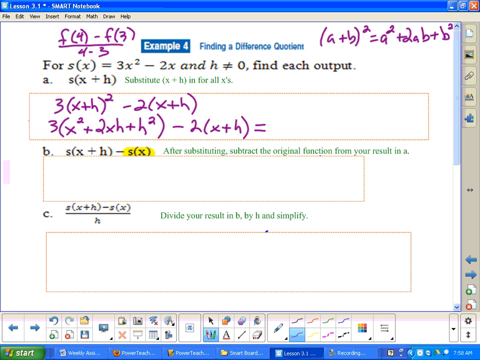And then we just need to simplify it. And we won't have any like terms through here when we're done, so I can just distribute the 3 and the 2. So basically what this says is that I'm taking x, the normal number I would use, and I'm adding something to it.